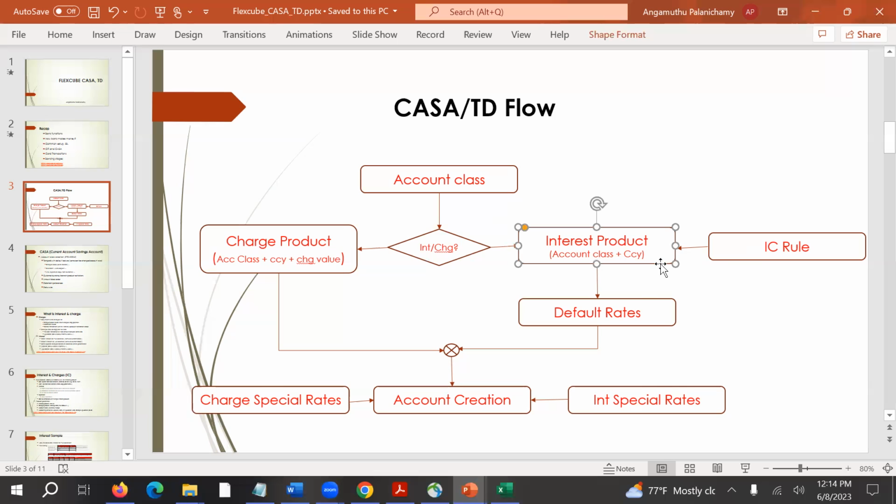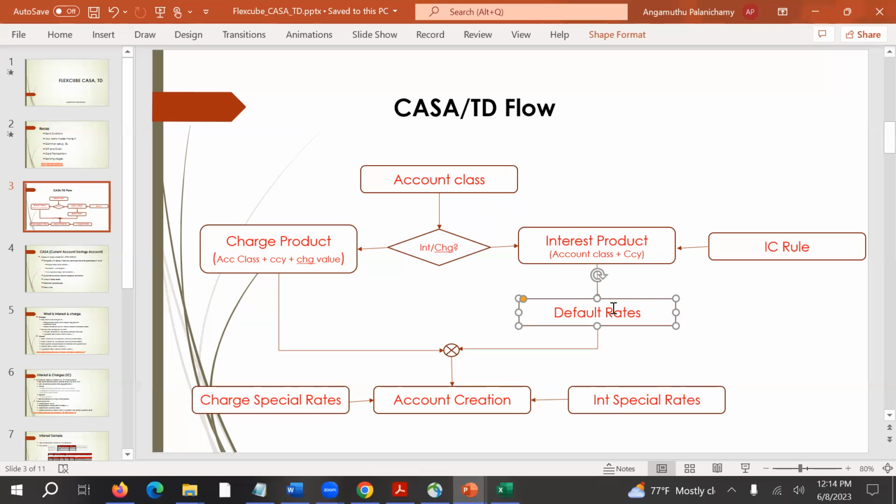Once this is linked over here and the accounting rules and everything are maintained here, then we need to maintain the default rates for the account class and currency combination. So in this, we will have account class, currency plus effective date, this product. There only we will maintain the default rates. Say PNR by 100, where R is a UDE value that will be in a subsequent screen.